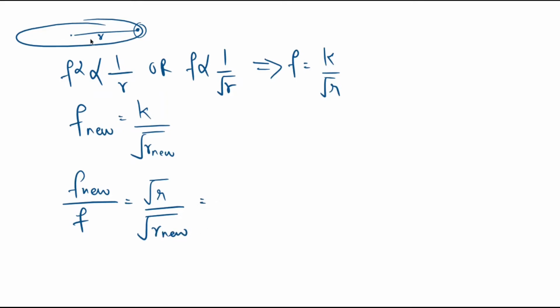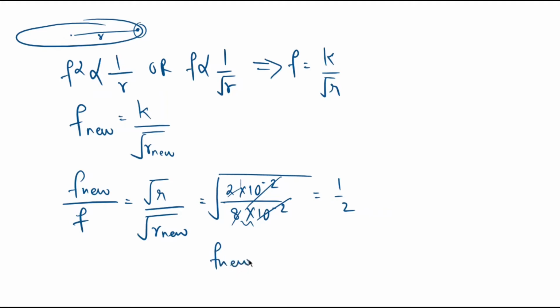So root under r was this distance 2 centimeter, 2 into 10 raised to minus 2, and the r new, that is the new distance from the center to the coin, is the value of the radius of the disc, that is 8 into 10 raised to minus 2. So cancelling this, 1 by 4, which is nothing but 1 by 2. So the new frequency f new will be half of the frequency when the coin was placed at 2 centimeter away from the center. So let's look at the next sum.